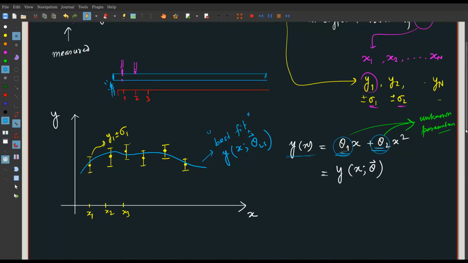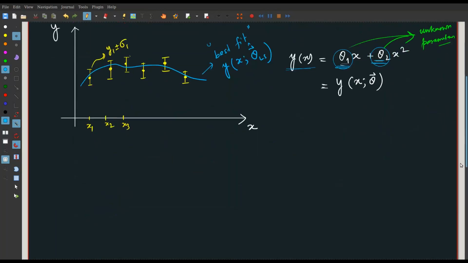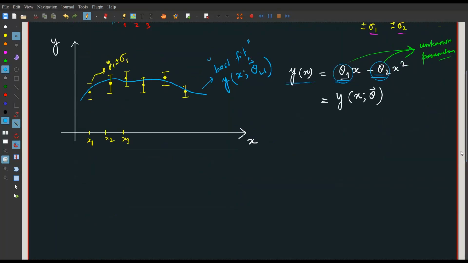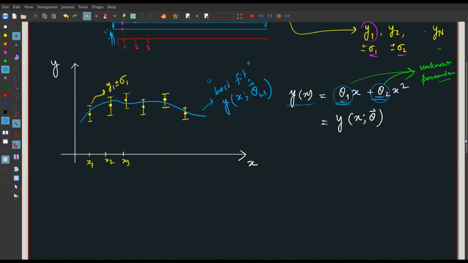Okay, so now to see that, let us figure out how these things are distributed. So these are n independent measurements, right? All these yellow points are n independent measurements of y.